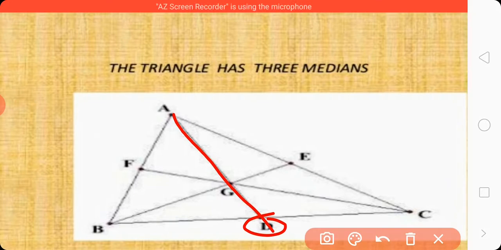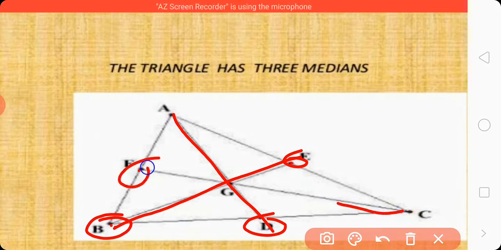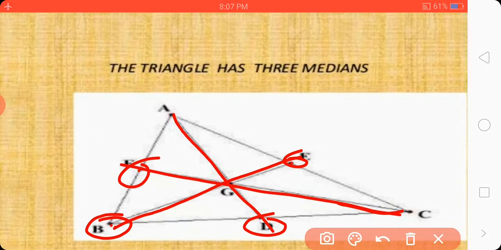Like this, from vertex B to its opposite side AC, the midpoint of AC is E. Okay. If we join B to E, then we get BE. And also from vertex C to the midpoint of AB, we get a line segment CF.